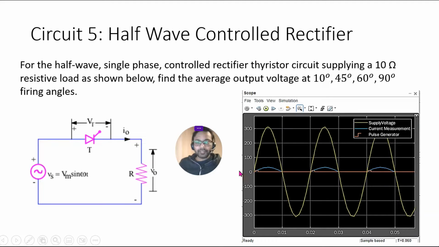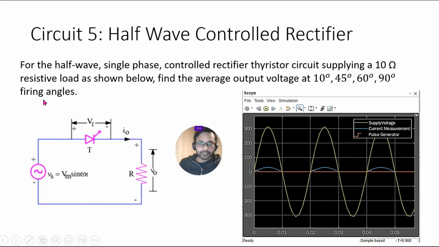So rectifier circuits basically are used to convert the analog signal into digital. Since this is a controlled rectifier, we will be using a thyristor circuit. Now this thyristor circuit can be triggered by applying a gate signal at this port.